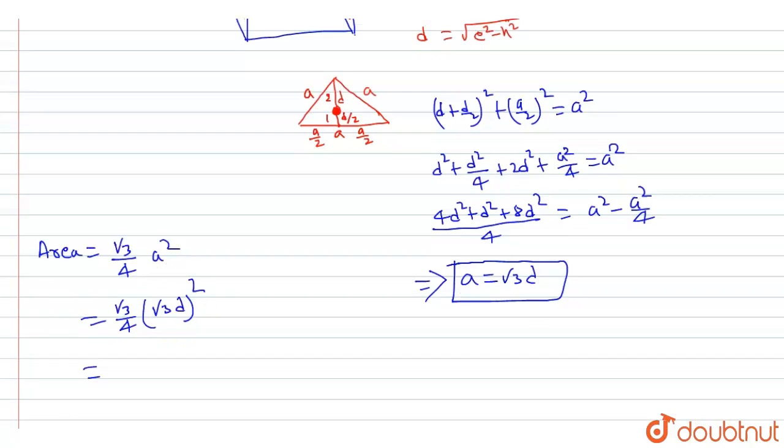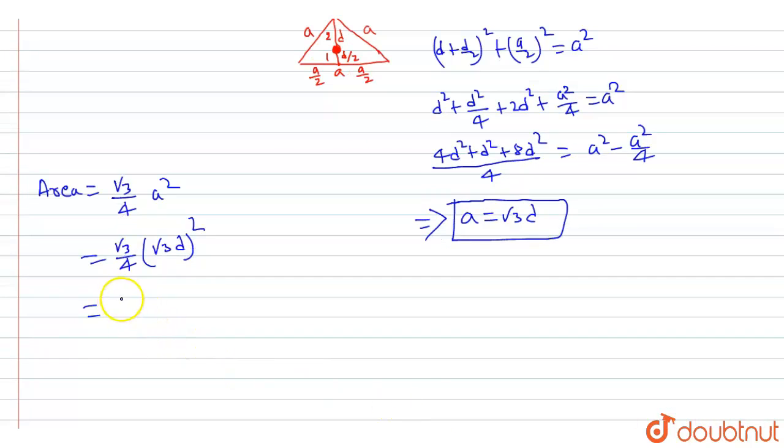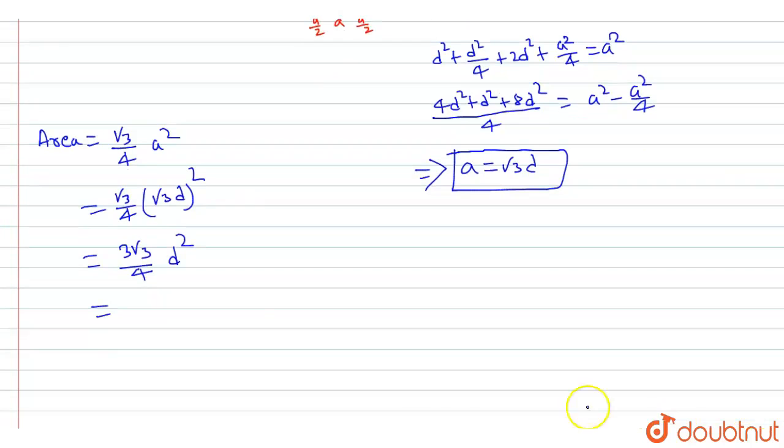So this is equal to 3√3/4 times d². Clear? So d² is equal to, earlier we have found, L² − h², means E² − h². So this is equal to 3√3/4 (E² − h²).